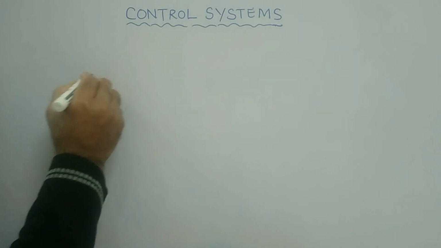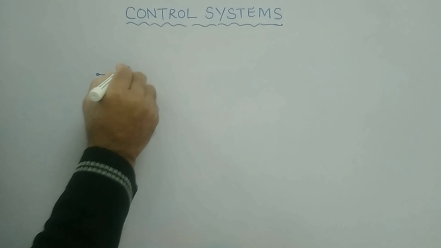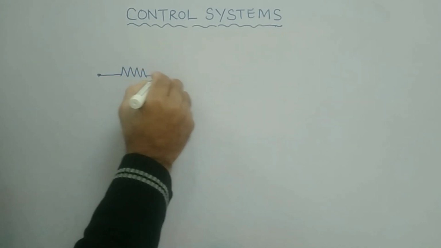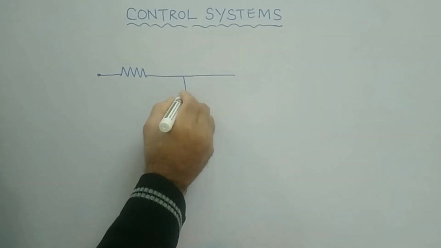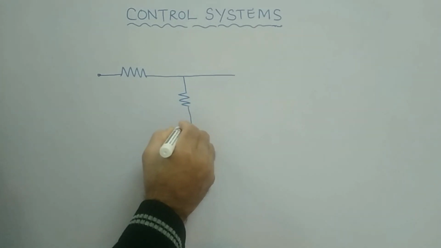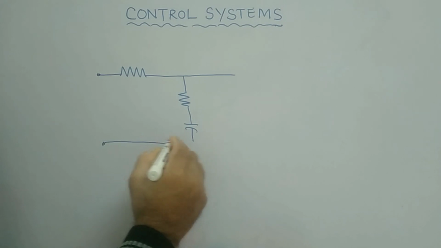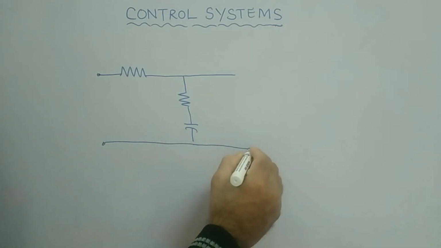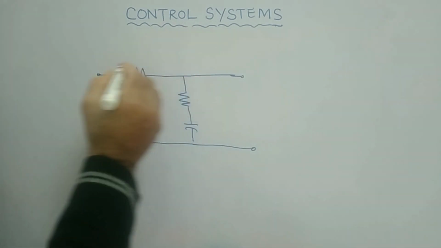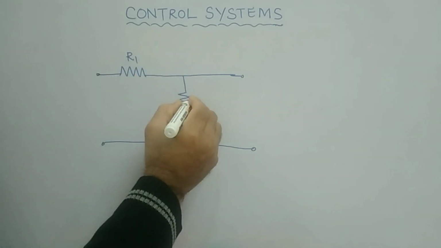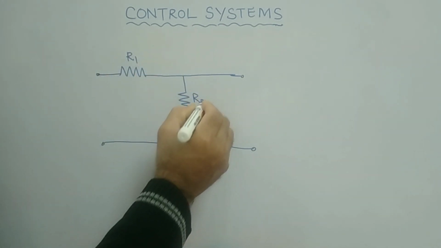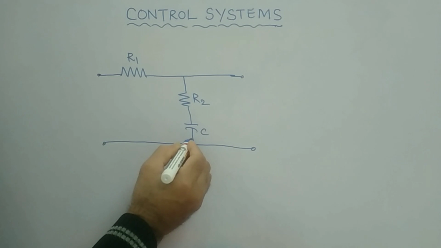The basic circuit diagram is like this. It has a resistor, and this is a simple RC network. Let us call this R1, this R2, and this the C, right?